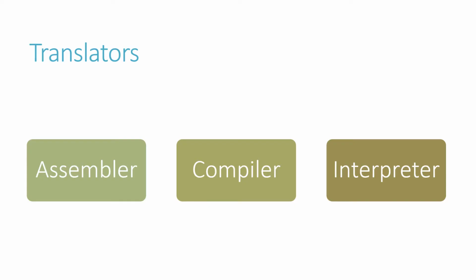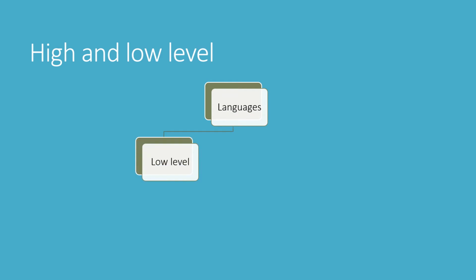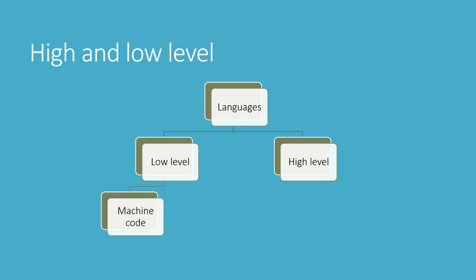There are three broad categories of translator: an assembler, a compiler and an interpreter, and they all do slightly different things. To understand this better, let's quickly review the difference between high and low-level languages. Low-level languages include machine code itself and assembly language.